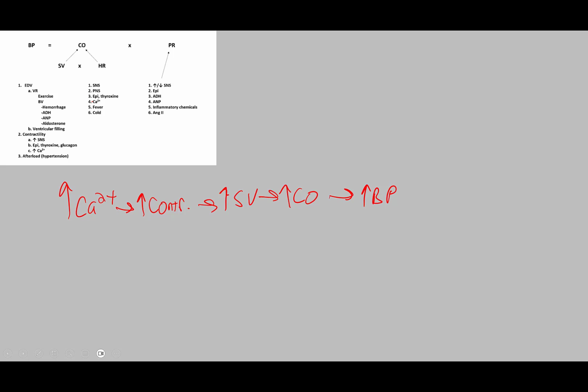But we see calcium here also. So calcium also increases heart rate, which increases cardiac output, which increases blood pressure. So calcium is one of those that has two separate rows. And we have to keep the rows separate because heart rate and contractility are two different mechanisms, two different pathways. So two separate rows here.